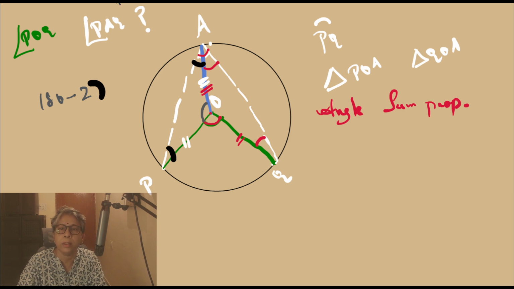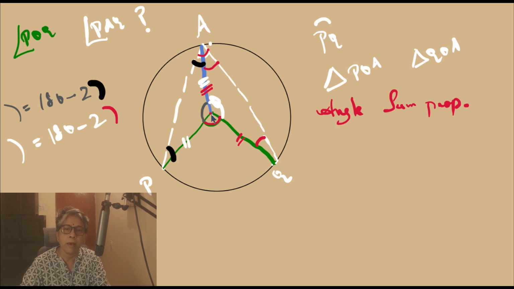Which angle? The gray angle. The gray one would be equal to 180 minus 2 black. And let me use the white color here. So what is the white one equal to? The white one would be equal to 180 minus 2 red, right? 2 red.